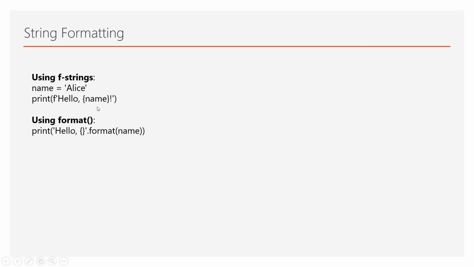Then using the format method, the same thing will come, but what is the difference? Inside the print function, hello comma braces are blank, and instead of the f string, you are using format with this variable name. In the output, what will come? Alias. So hello Alias.